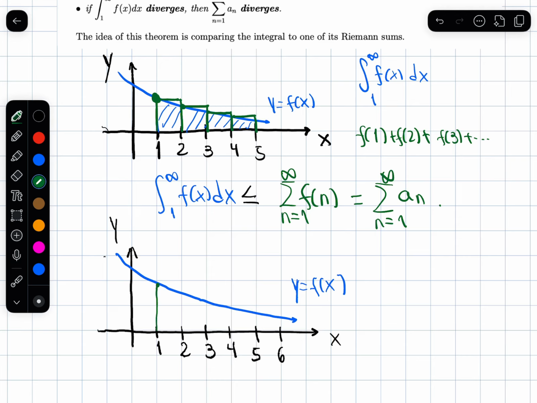It's this height, but it's also the area of this rectangle. I'm drawing it to the left now. And this area is f of 1, this area is f of 2, this area is f of 3, as long as it touches the graph right here, right? So I don't want to have this extra air here.